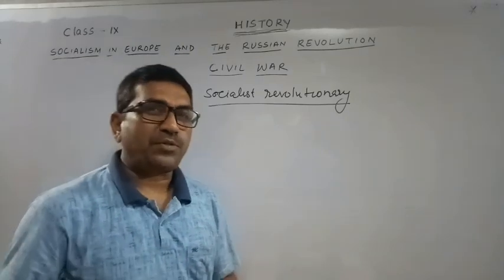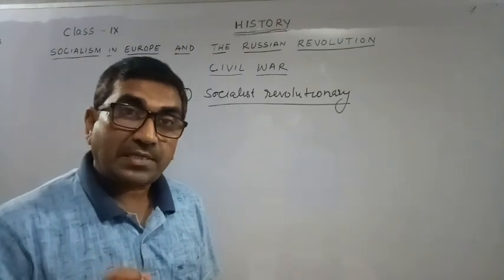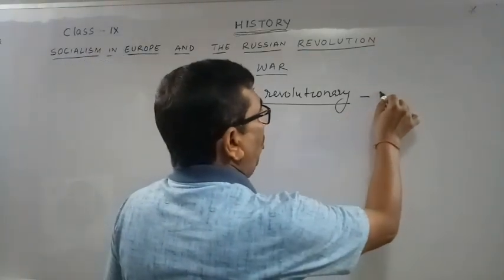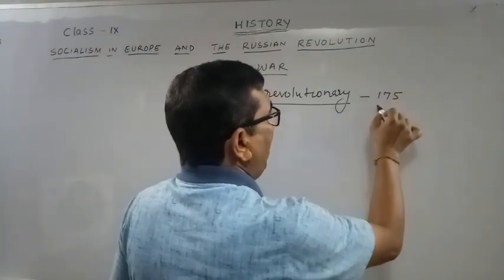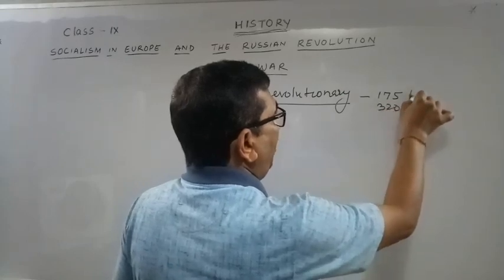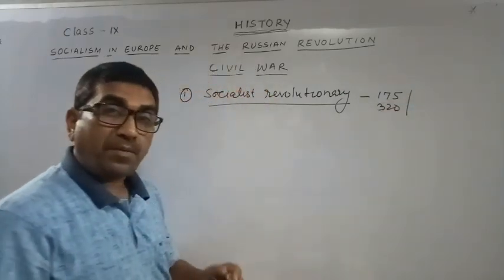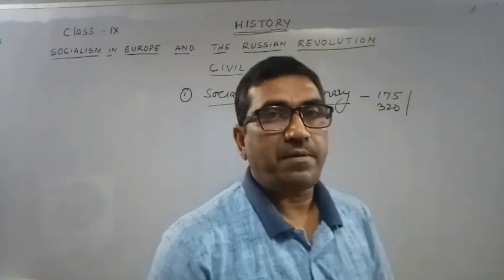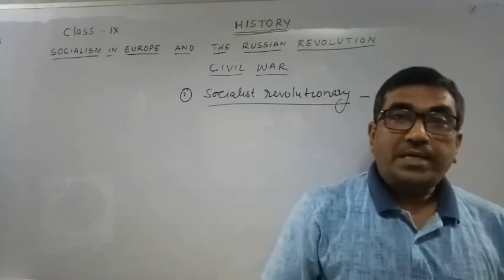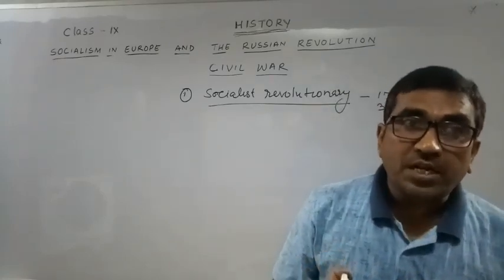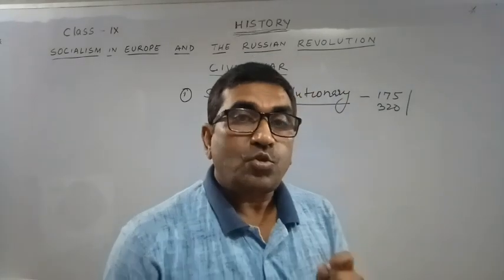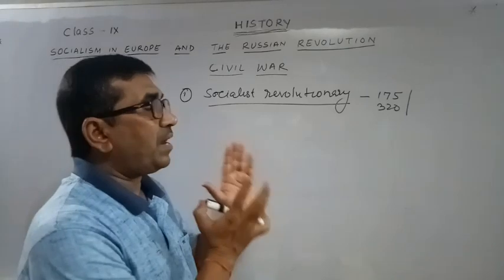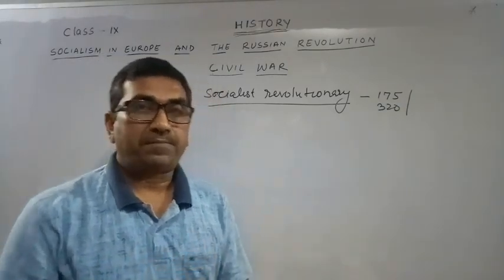And why did the socialist revolutionaries become so? Because in the assembly election, Lenin's party, the Bolsheviks, got 175 seats and they got 320 seats. This is a big difference, and Lenin closed the assembly. That's why the socialist revolutionaries were against Lenin. One faction that we find became against Lenin.